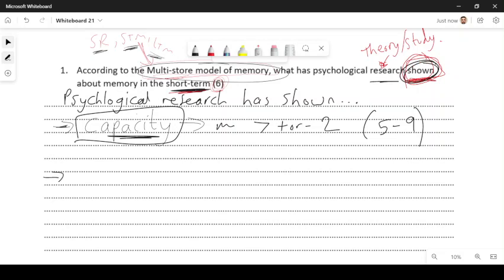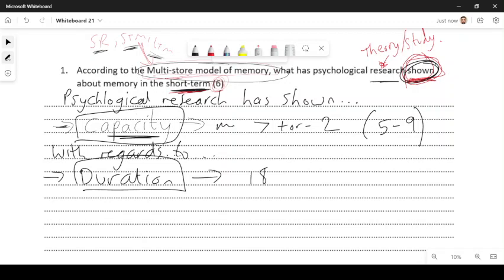Okay, so moving on. So you could say something like, with regards to, is quite a nice filler, or in terms of, with regards to duration. So this is another one of our key bits here. So with regards to duration, they found that the short term tends to last for 18 to 30 seconds.